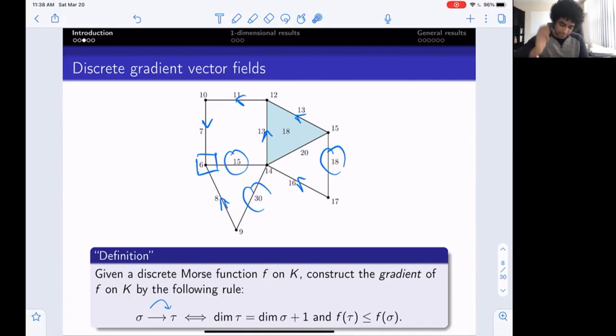But the reason we don't have an arrow pointing towards 20 is that 20 has a greater value than both 14 and 15. And there's actually this theorem that essentially says, it's a result that's not too bad to prove, that every single cell is either the tail or the head of an arrow, but never both at the same time.